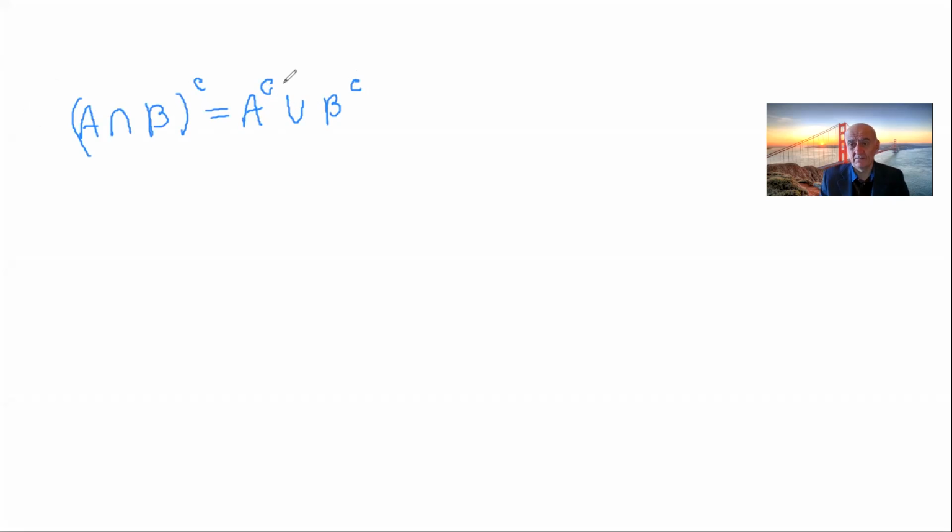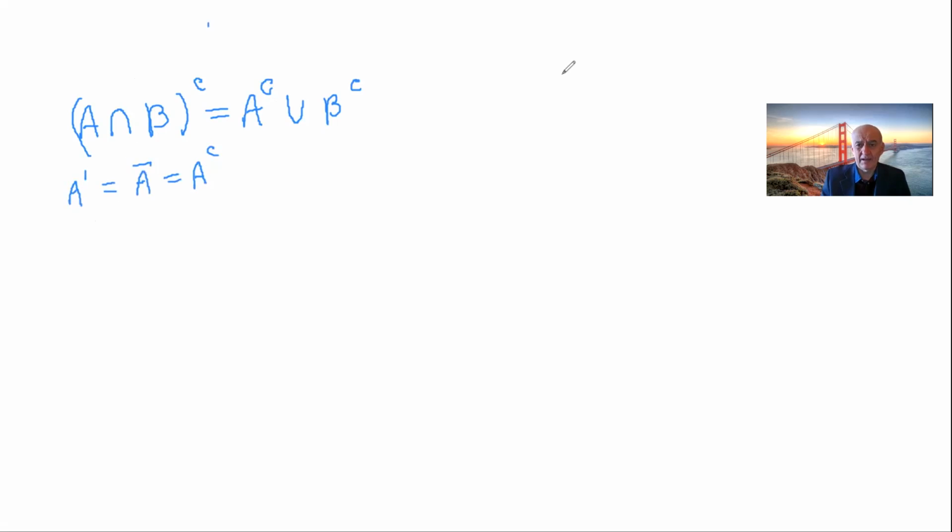Hopefully you remember from the previous class, we denoted the complement of set A by A C. Sometimes it's also denoted by A prime, and sometimes it's denoted like this. So they are the same, and we can use these notations interchangeably.